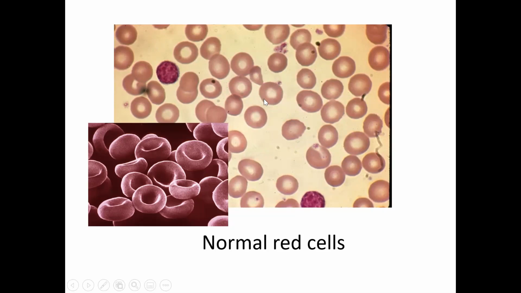There is an area of hemoglobinization within the cytoplasm, and then an area of central pallor. And the area of central pallor should not be more than 1/3 of the red cell diameter.